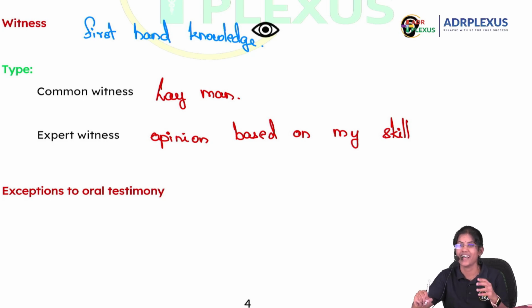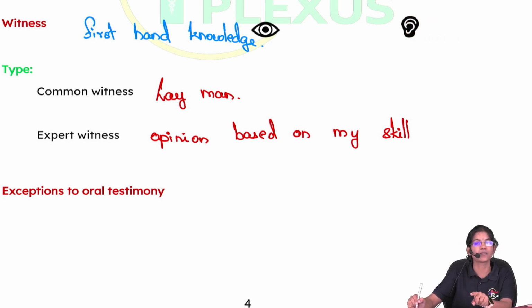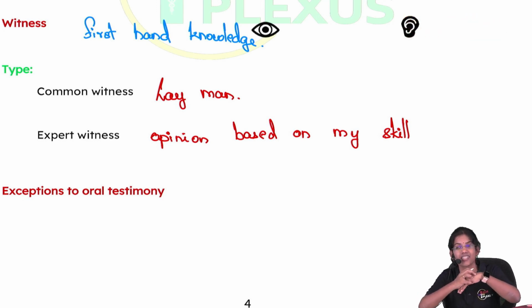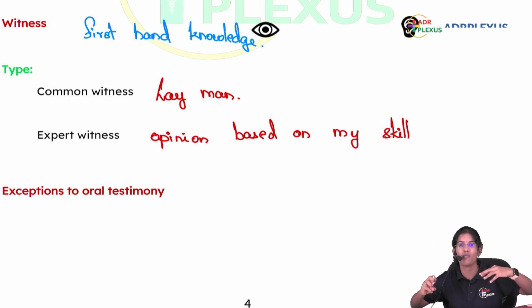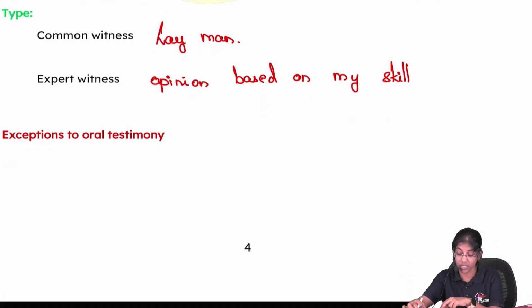Okay, I become an expert witness. Yes, doctors are predominantly expert witnesses. At times, they are also a common witness. If you see someone doing pickpocketing, you are a common witness. If you see some injuries suggestive of someone having just dragged a watch from the hand, you see the abrasions and everything, you become an expert witness. Okay, so witnesses can be both types.